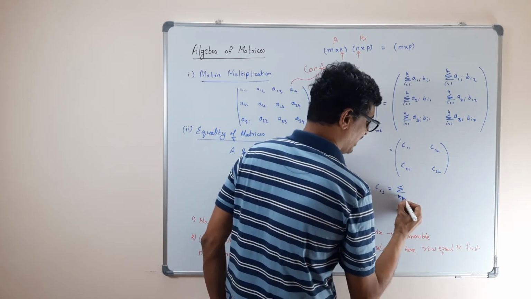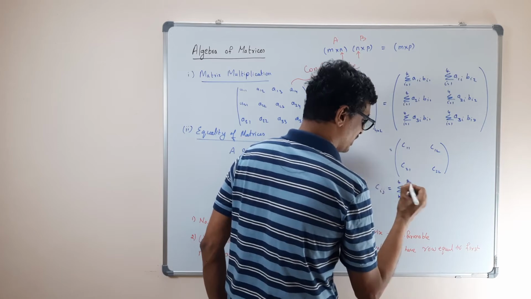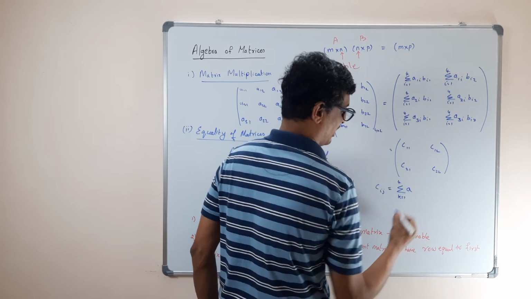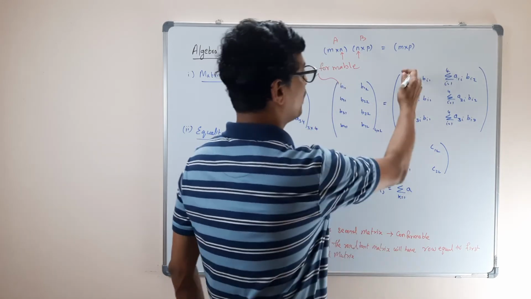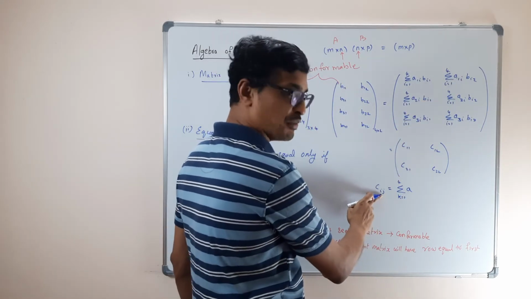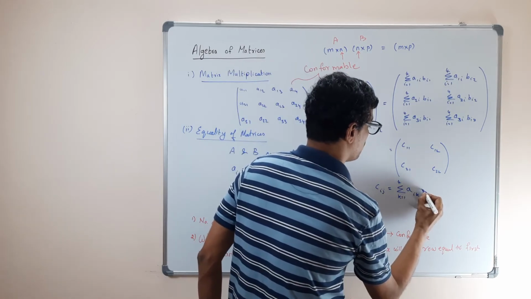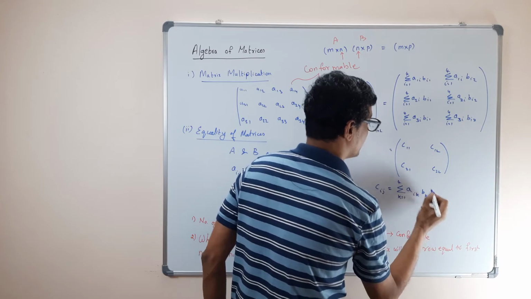Here it will not be i, it will be k equal to 1 to 4. And this will be A of ik and B of kj. Is that correct?